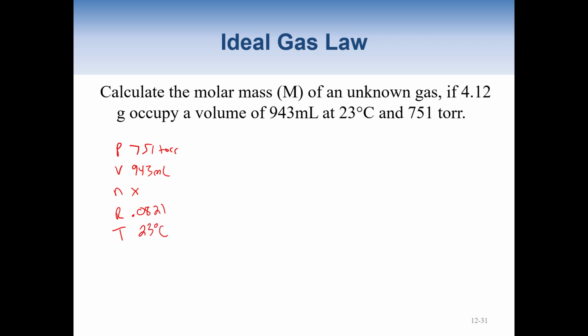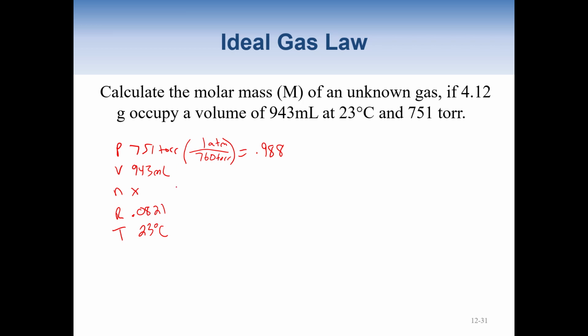So we have to convert these to the correct units. First, we're going to convert this to atm. So 1 atm is 760 torr, so we do 751 divided by 760, and we get 0.988 atm.